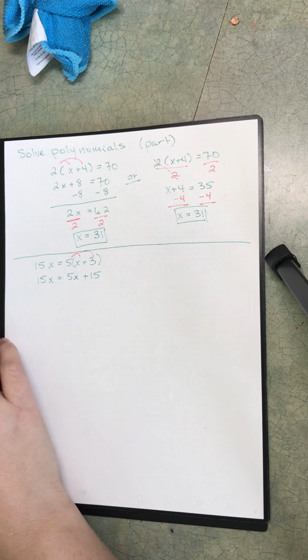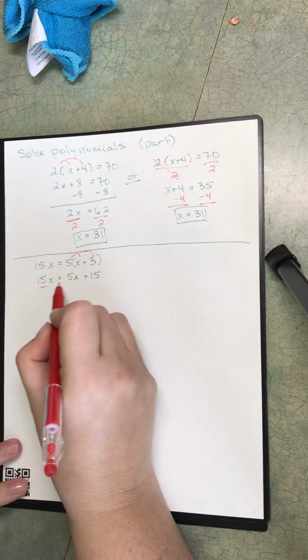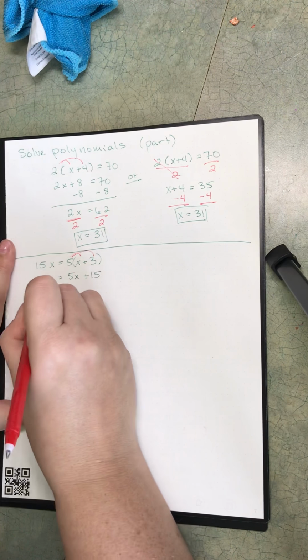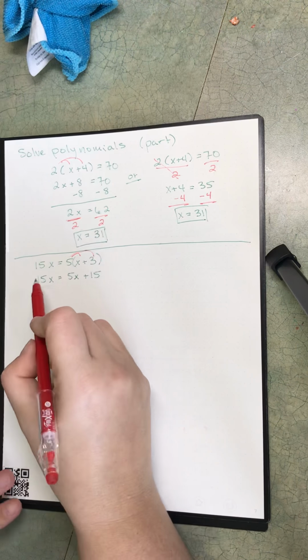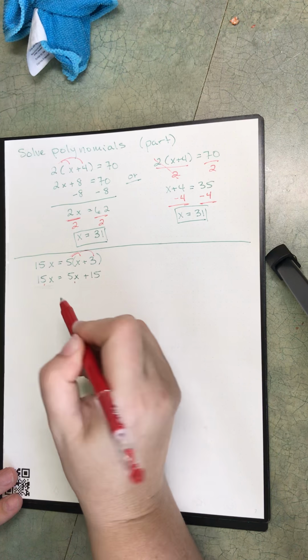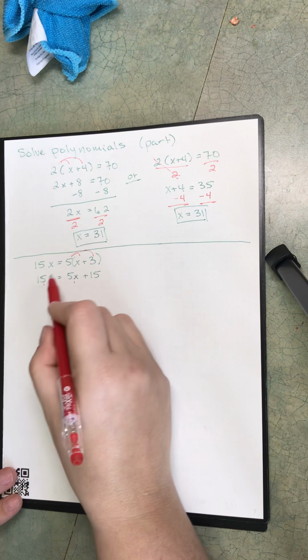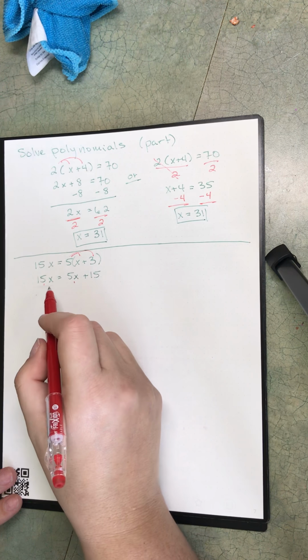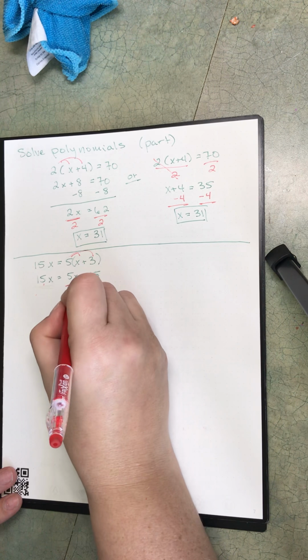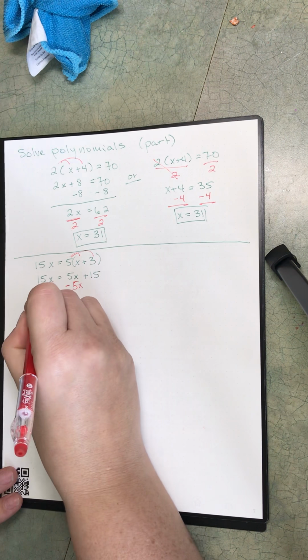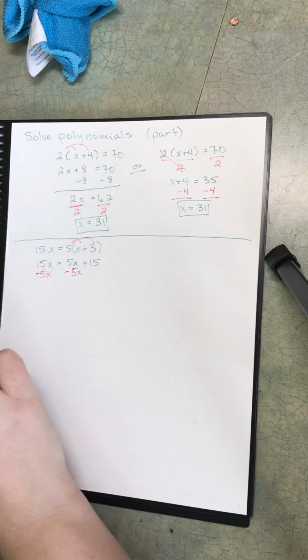And now I see that both sides of my equation have this x term, and so I want to get all the x's on one side of the equal sign. So I'm going to subtract 5x from both sides.